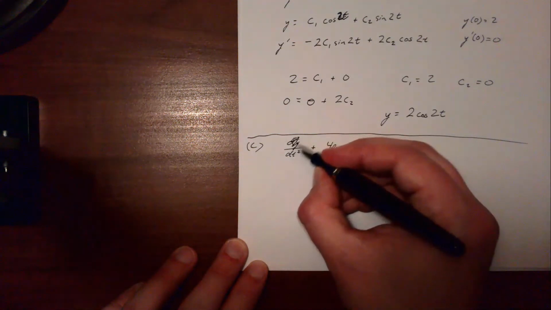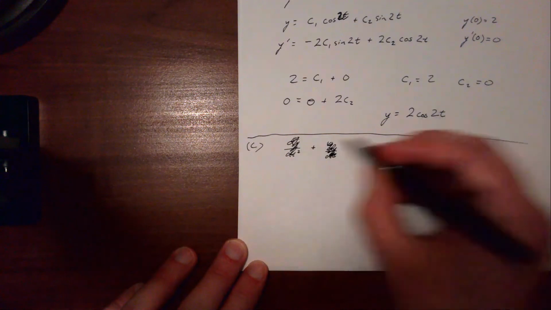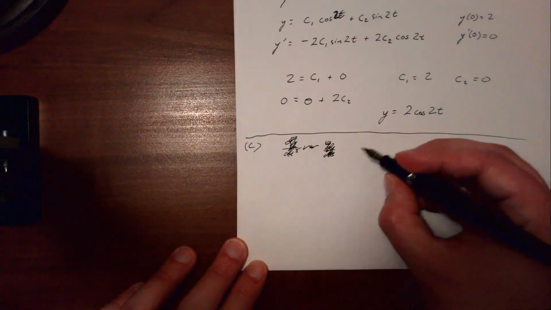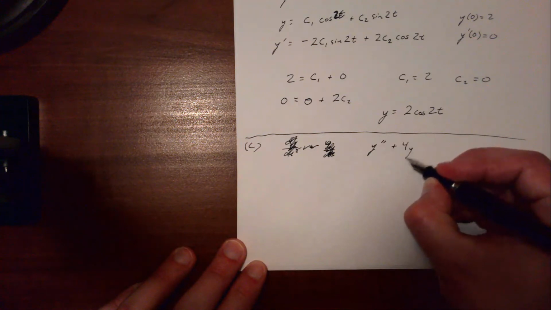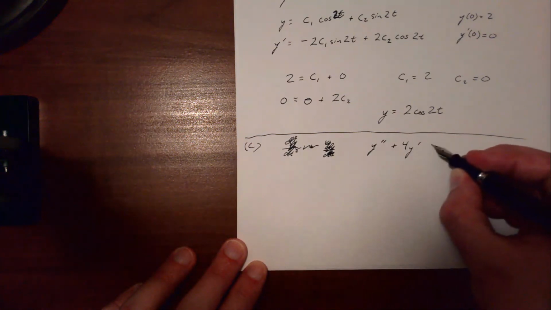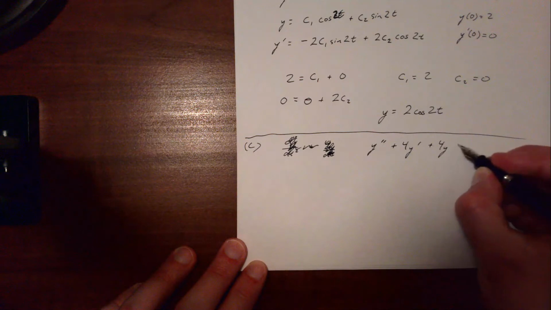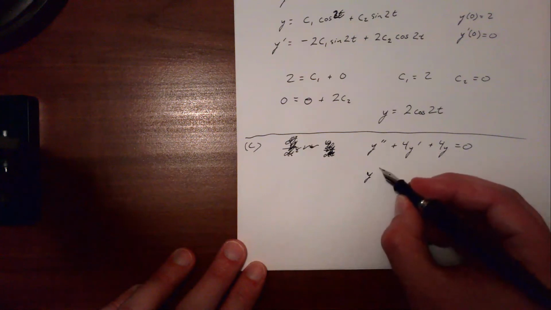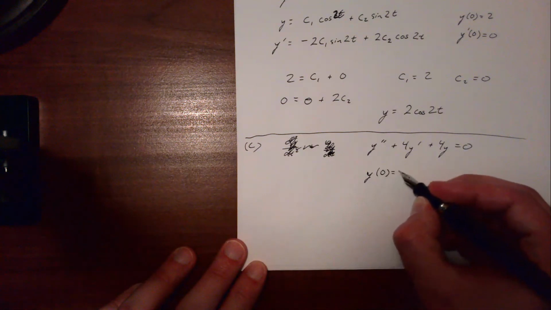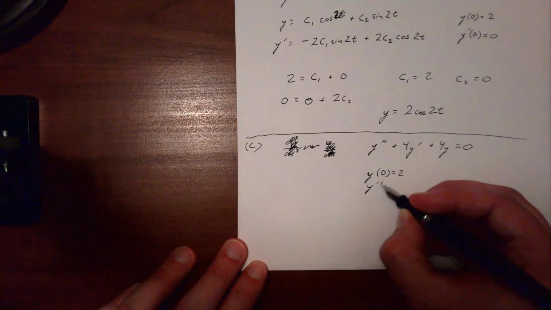You know what? I'm getting tired of the awkwardness of Leibniz notation. We'll just switch over to primes here. y double prime plus 4y prime plus 4y equals 0. And we'll just keep those same two initial conditions that we've been using. y of 0 equals 2, y prime of 0 equals 0.